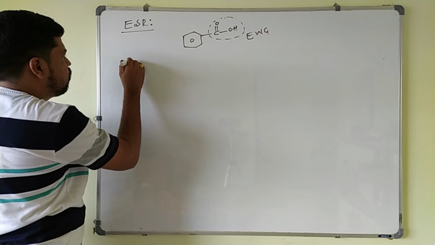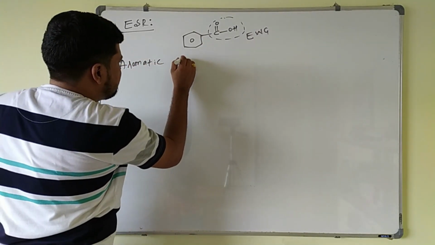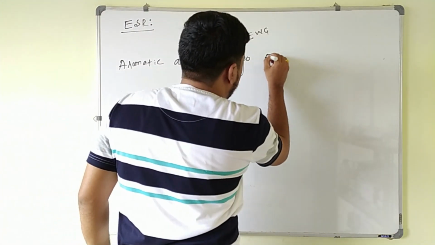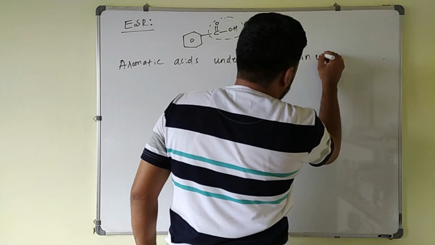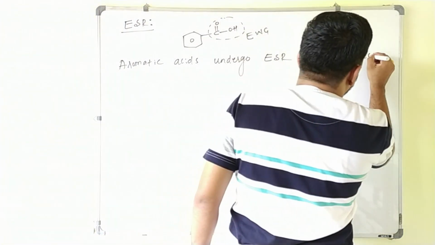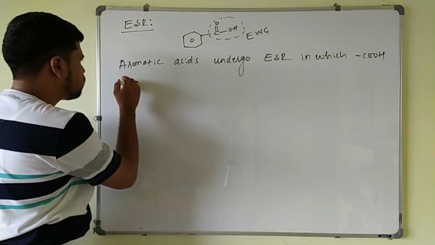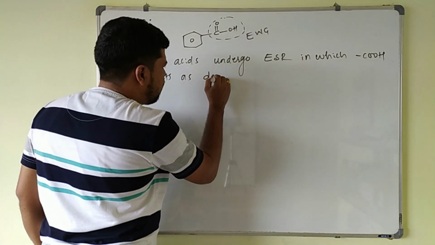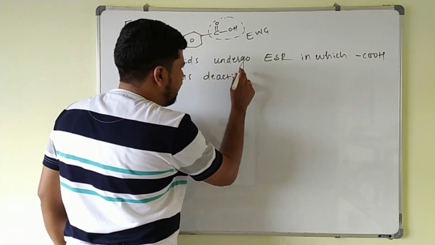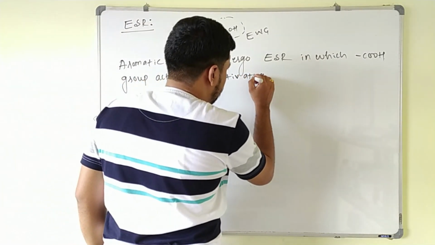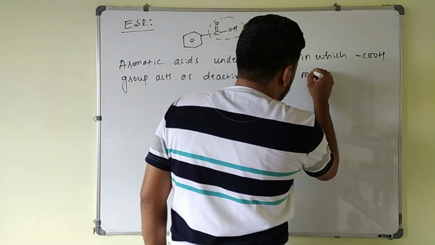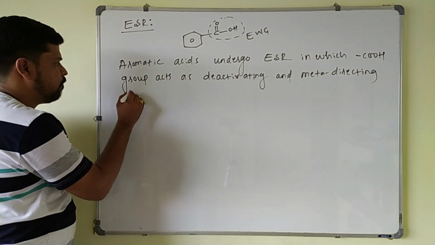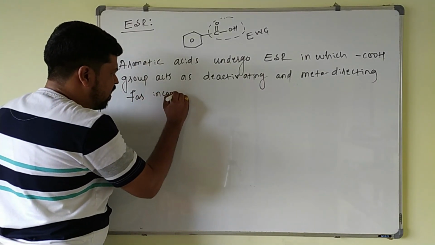Aromatic acids undergo electrophilic substitution reaction in which COOH group acts as deactivating and meta-directing for incoming electrophile.